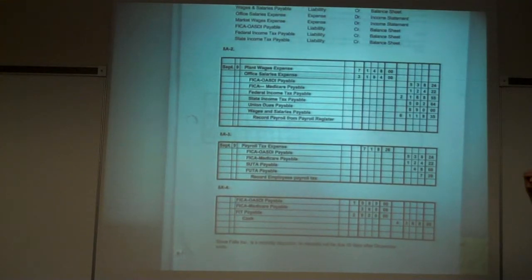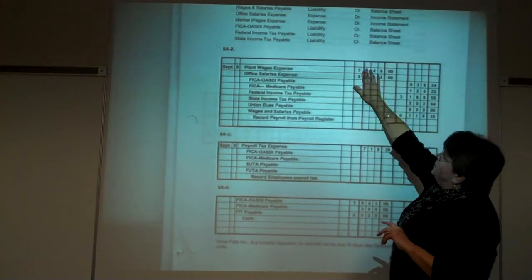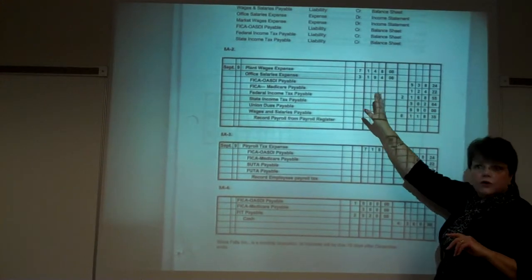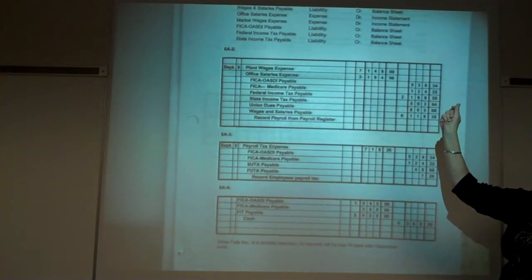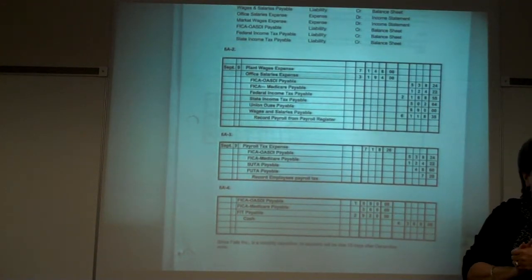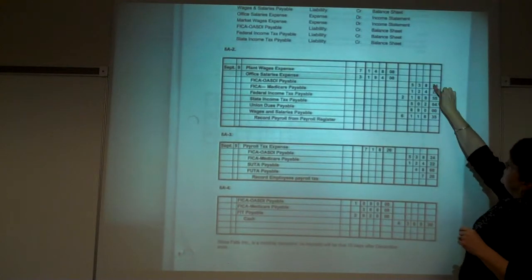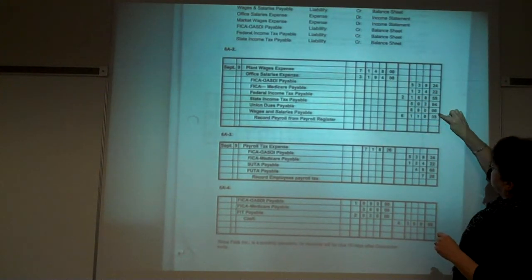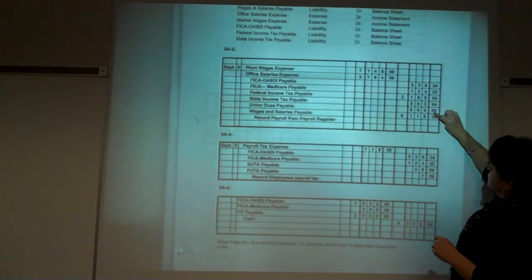So we usually have two there. These numbers are the gross amount. Okay, that's what we put in the last two columns on the payroll register because that's the amount we want to expense. This is everything that we withheld from the payroll register.